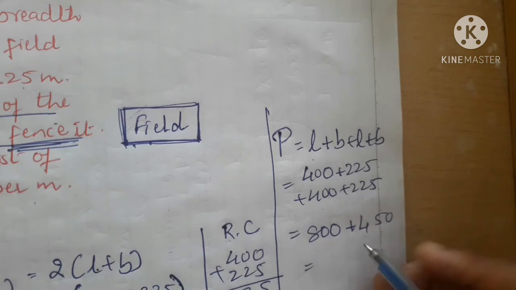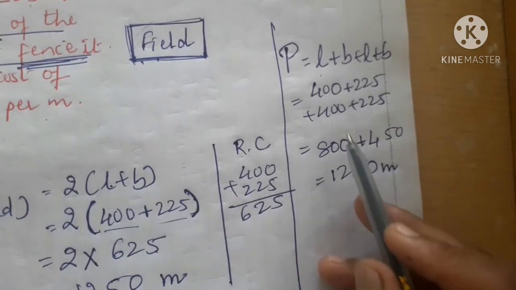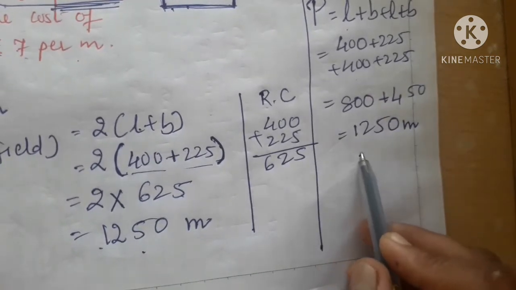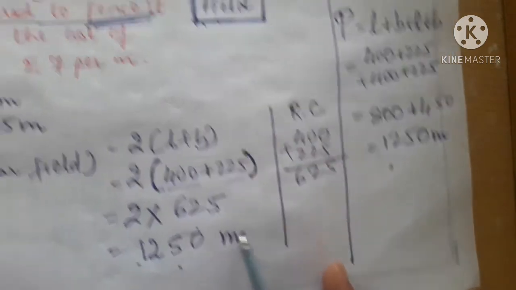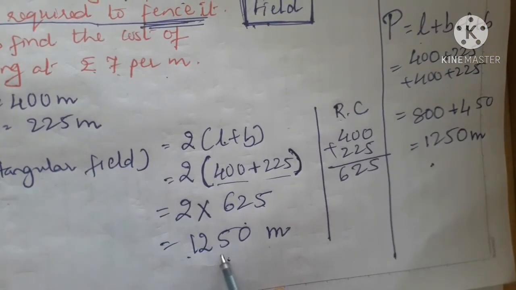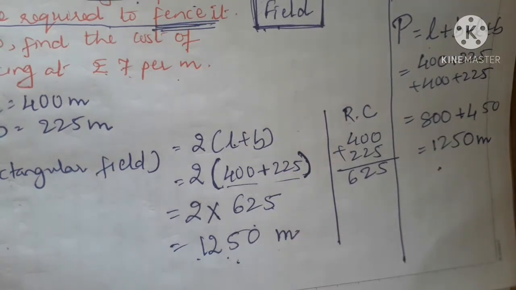So what is the final answer now? That is 1250 meter, right? Whatever you do is one and the same, but always try to do the first one. Slowly you will be able to do this method also, and anyhow we have to learn this method also. Fine. Now let us see the other question.